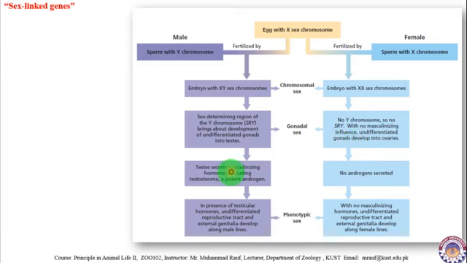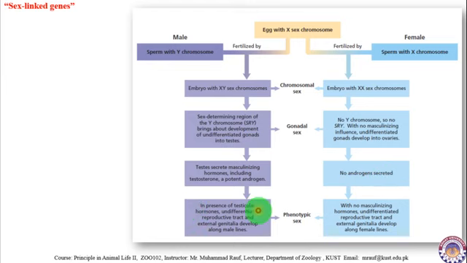So once the testes are produced, the testes secrete masculinizing hormones. Masculinizing means which brings about male primary sexual characteristics, like testosterone. Ovaries do not produce androgens.